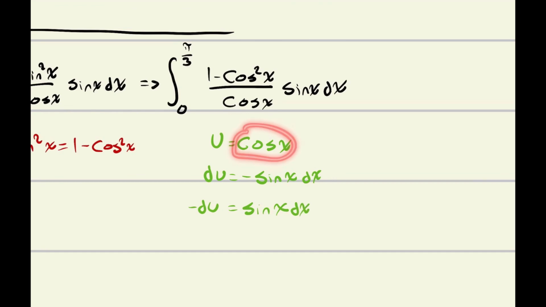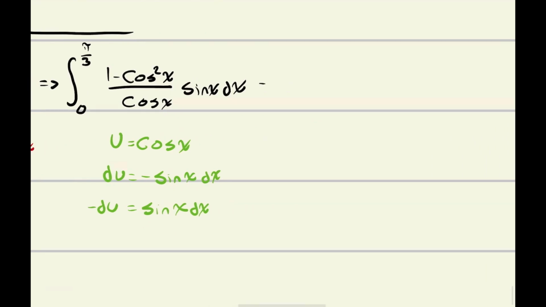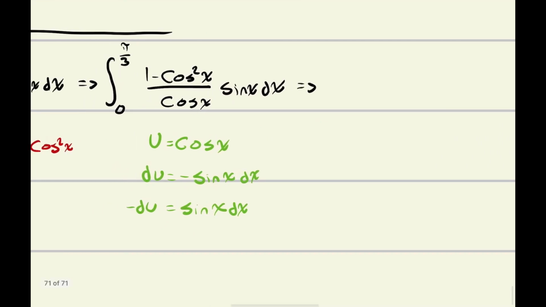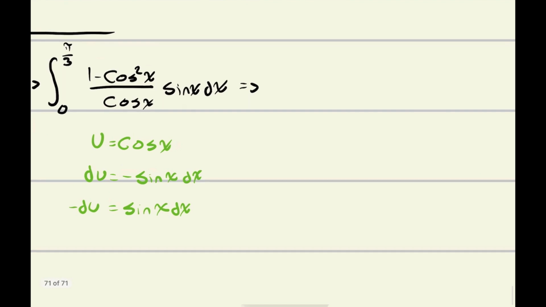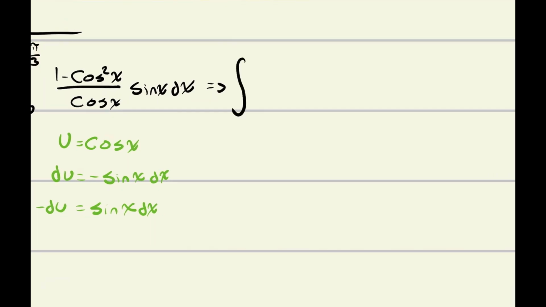So cosine of x will all be replaced with u, and this will get rid of our sine of x. We can rewrite this again. Since we are going to resubstitute u at the end, we won't solve for new limits, so we will leave those blank.